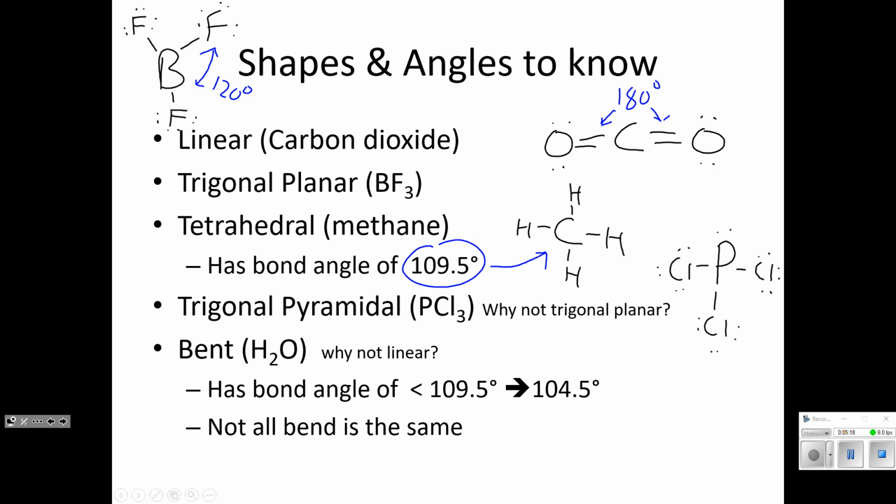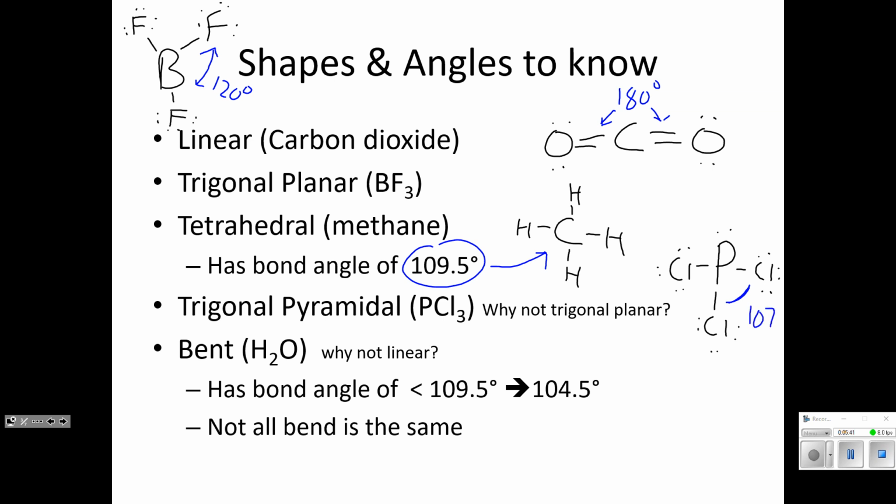And the entire VSEPR theory is trying to relate the fact that even though this has 4 domains like tetrahedral, that bond angle right here is not 109.5, because that unbonded pair supplies more repulsion than a bonded pair.